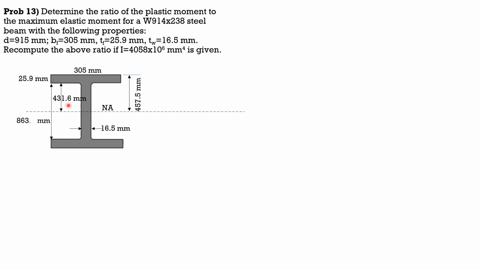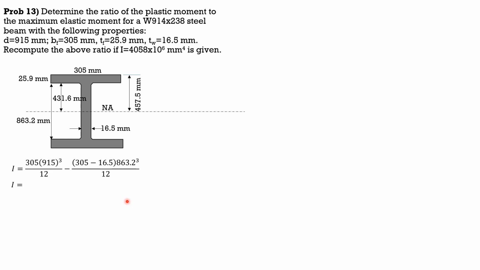This is 2 times 41.6, so 863.2 mm. So moment of inertia is moment of inertia of big rectangle, 305 times 915 cube over 12 minus 305 minus 16.5, these two hollow rectangles, times height 860.2 cube over 12.